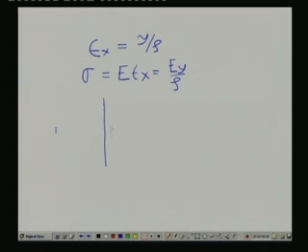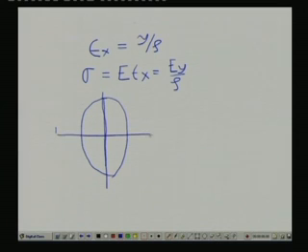Now, let us consider the cross section. Let us take an arbitrary cross section, and the only thing we have to remember is that this is the neutral axis. It is a line of symmetry, and the section will be symmetric on both sides.